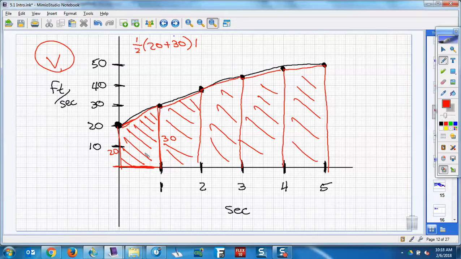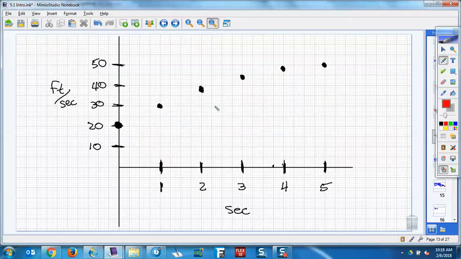Now, if you think about the units, 20 and 30 are feet per second, right? And the 1 here is seconds. So this would be feet per second times seconds. Feet per second times seconds, you get feet. Okay, makes sense. All right, now let's do what the other scenario we were doing.